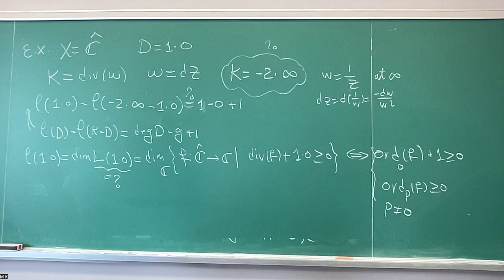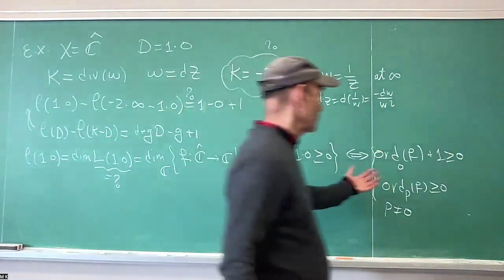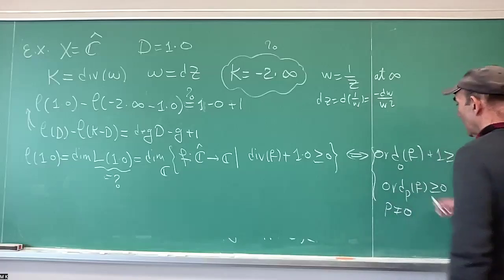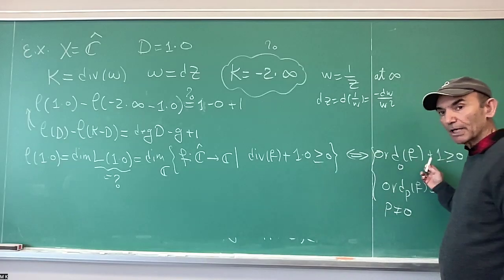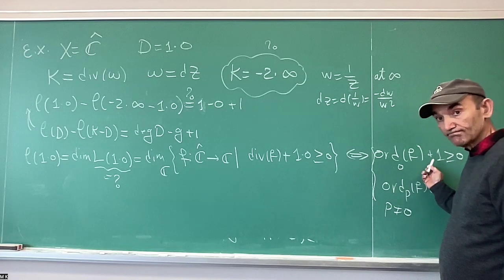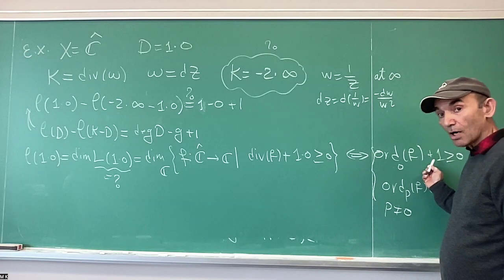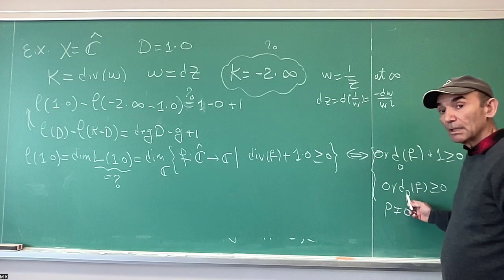First of all, what are meromorphic functions on C hat? These are just rational functions, yes. So here, we are looking at a rational function whose order at 0 is bigger than or equal to -1, and there are no other poles or zeros.